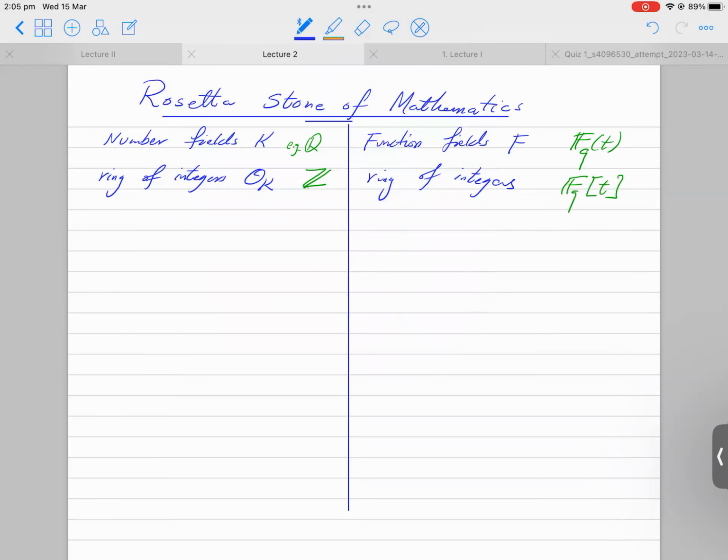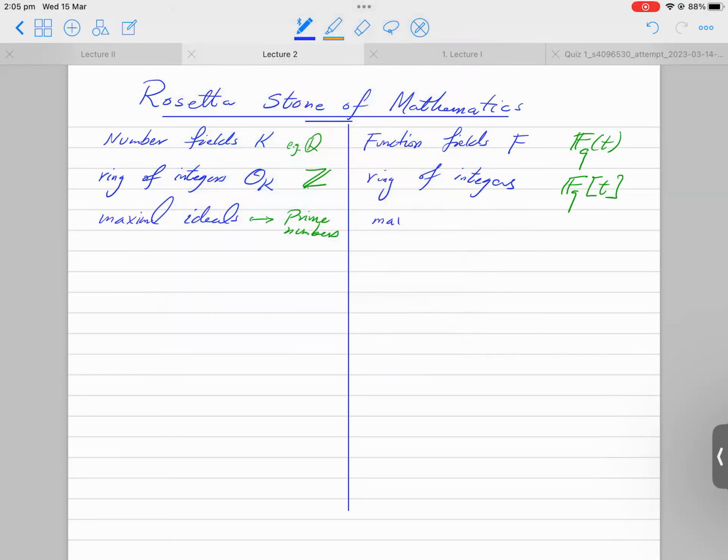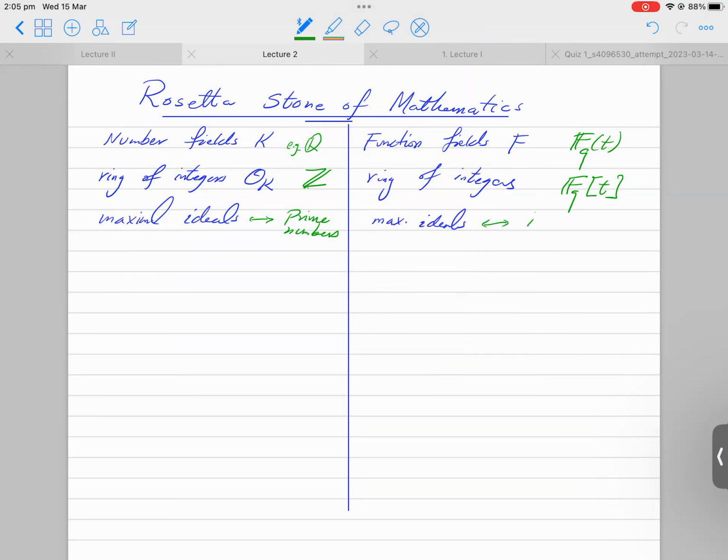And inside here, we have maximal ideals, which are essentially the same as prime ideals, except the 0 ideal. These are in bijection with prime numbers. On this side, we also have maximal ideals, and they're in bijection with irreducible polynomials.